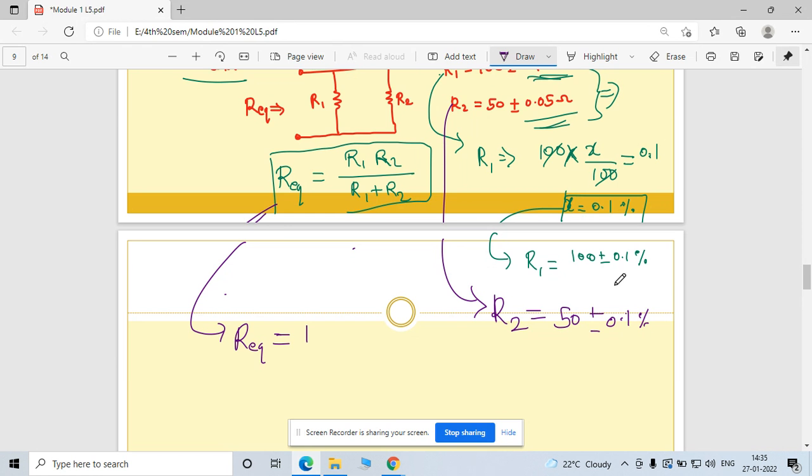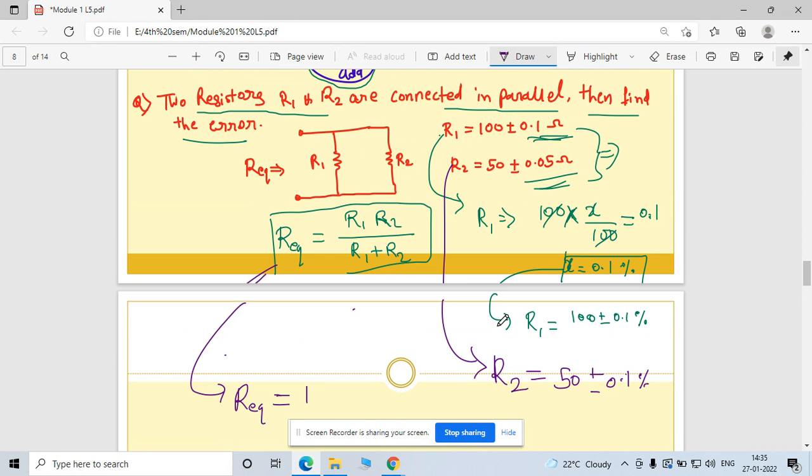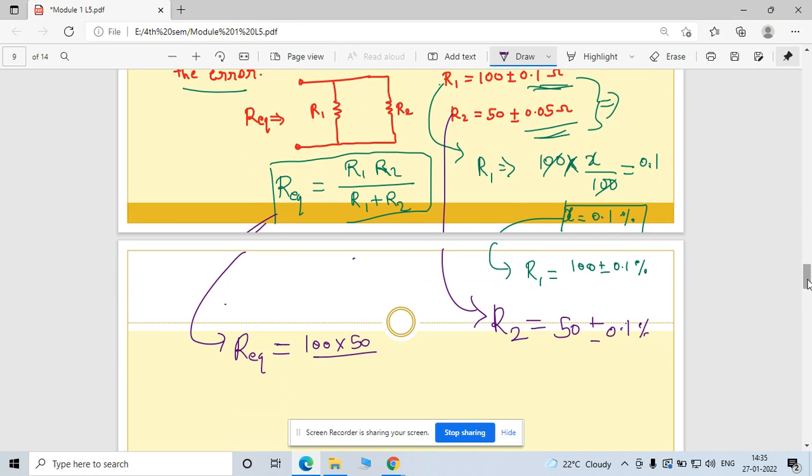This is your R1. Guys, please do the separate calculation, so you will not be confused while doing the calculation. This R1 is 100, and this is R2 50. So 100 plus 50. This is one side. Take the plus minus.